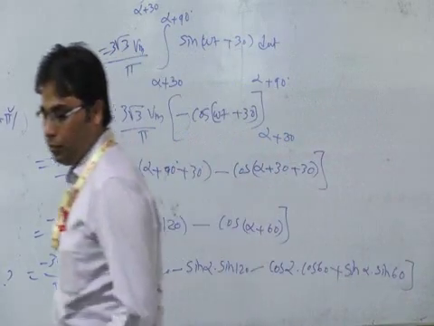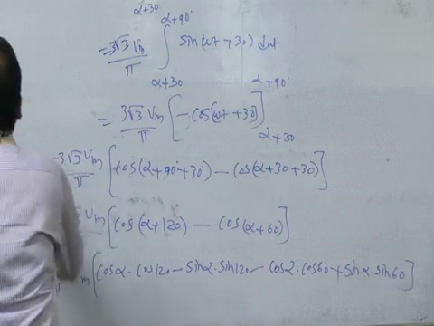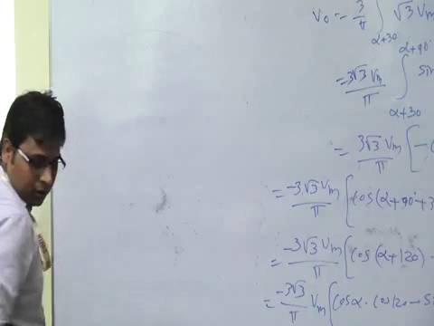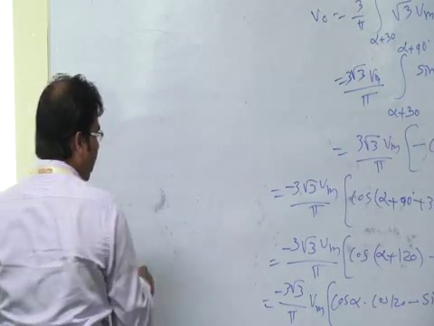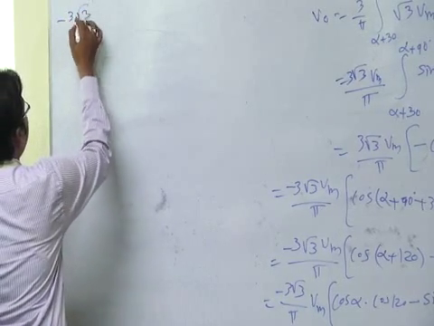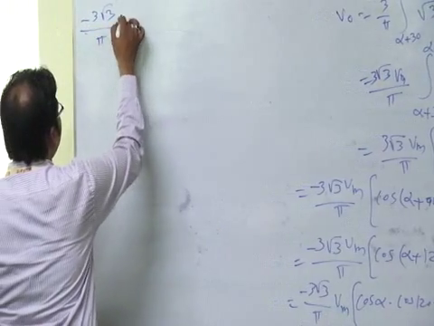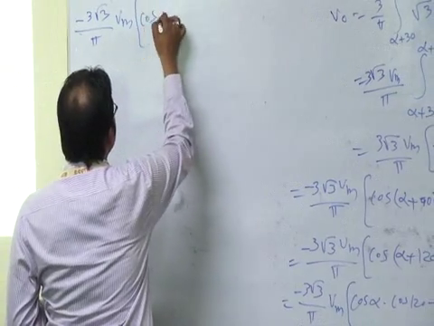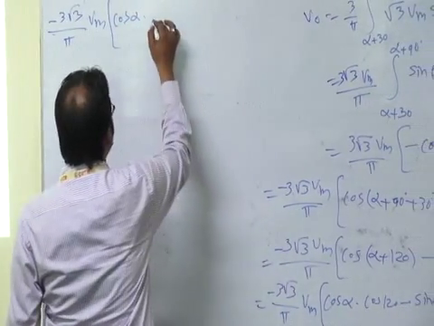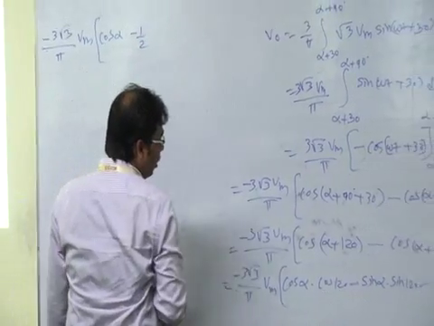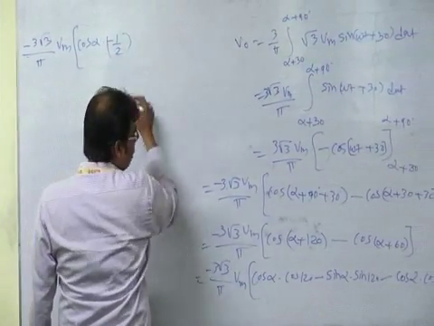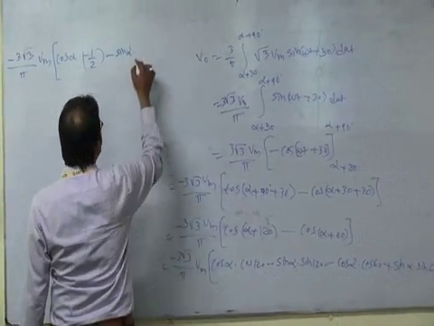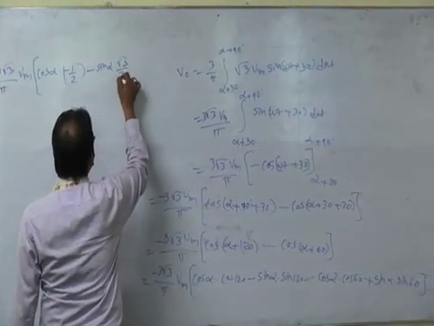Okay. Now put these values: minus 3 root 3 by pi into Vm, cos alpha, what is the value of cos 120? Minus 1 by 2, minus sin alpha sin 120, root 3 by 2.